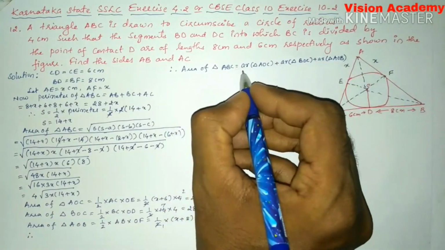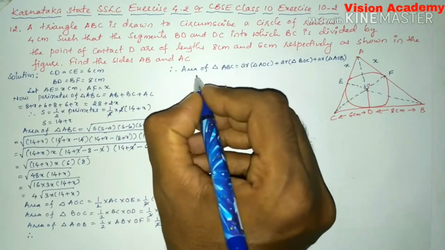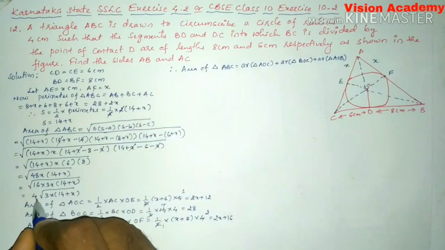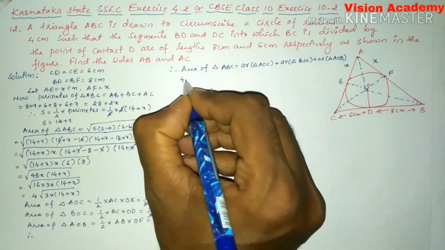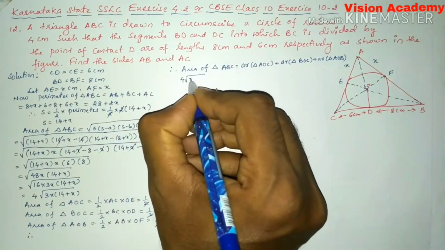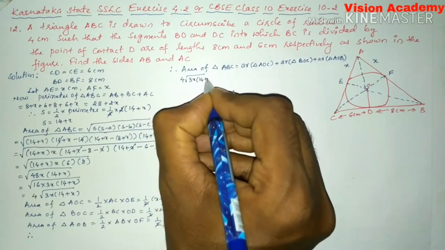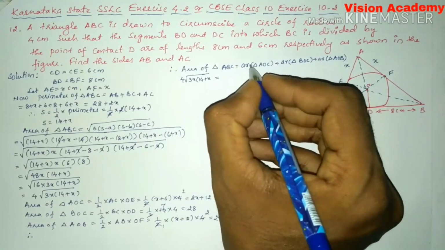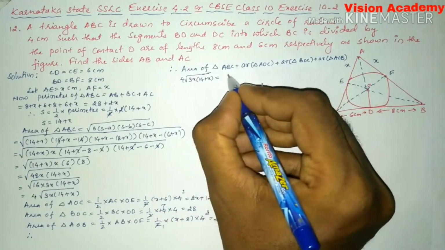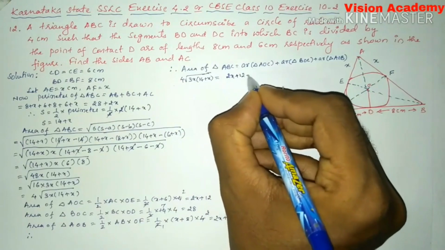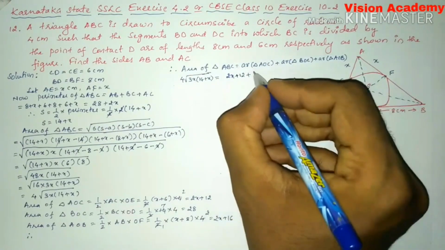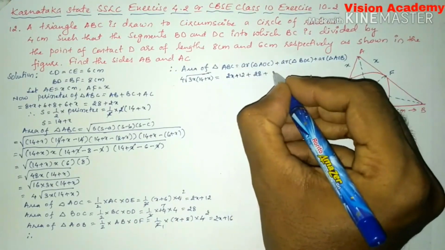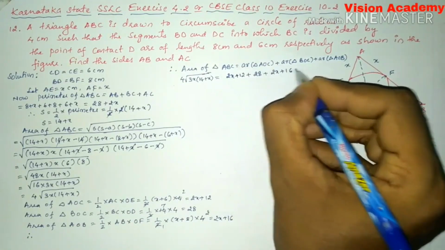Here area of triangle ABC is 4 square root of 3x into 14 plus x, equal to area of triangle AOC, which is 2x plus 12, plus area of triangle BOC, which is 28, plus area of triangle AOB, which is 2x plus 16.